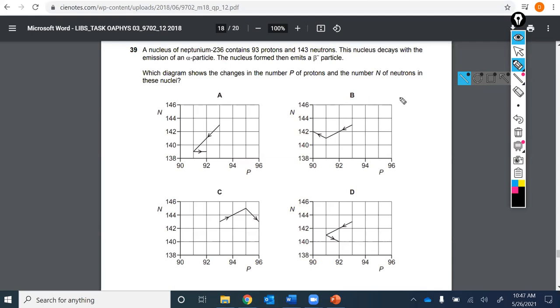So we've got a neptunium-236 with 93 protons. That's what we're starting out with. That's going to decay via alpha emission.